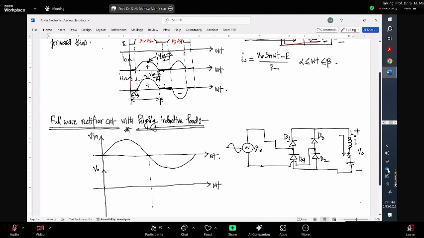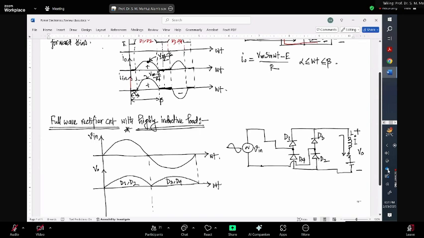My output voltage will be an exact replica of the input voltage, but for the negative portion, it will be just flipped. And for this portion, D1 and D2 will be operating. And during the negative half cycle, D3 and D4 will be operating.